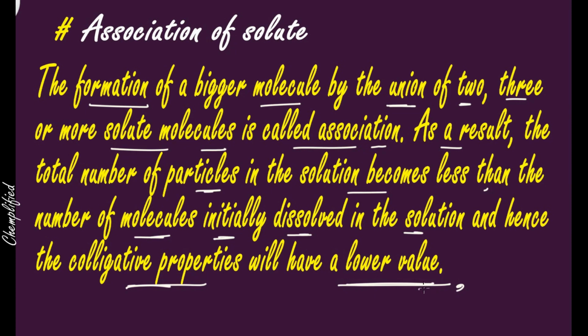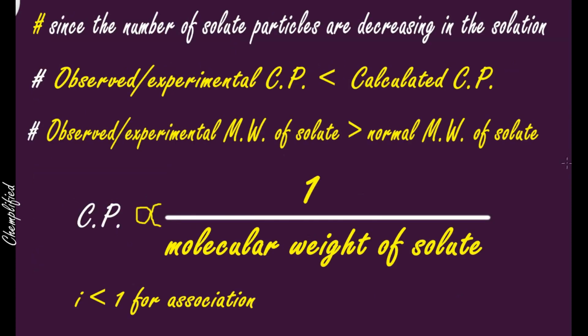Right? Now, since the number of solute particles is decreasing in the solution, the observed colligative property will be less than the calculated colligative property, and the observed molecular weight of solute will be greater than the normal molecular weight of solute. Right?